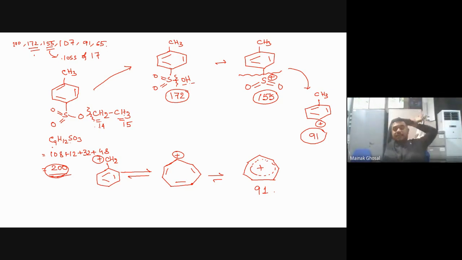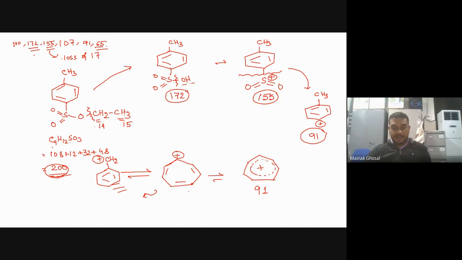So in case of any compound, if you have any kind of alkyl group attached to the benzene or aromatic moiety, and you have seen in the mass spectra a high peak at 91 m by z, and also it is generally associated with 65, it is likely that 2 carbons are lost from this.